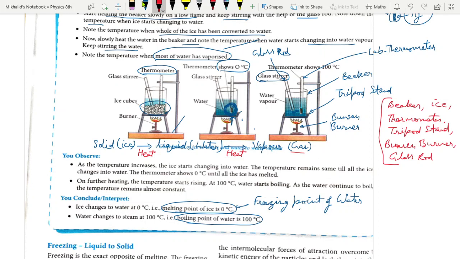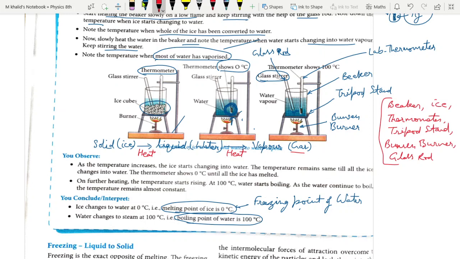And after some time, if we continue to supply heat, we will see that at a certain point most of the water is converting into vapor. At that point of time, we will check the temperature, then we will get 100 degrees Celsius as the temperature of the boiling point.